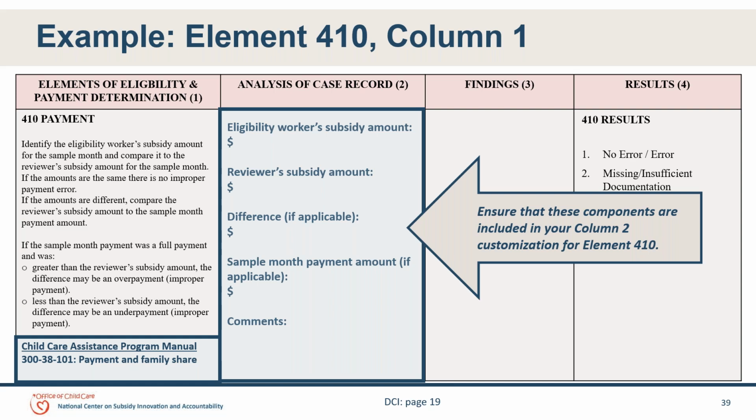And there should be a place to record the difference between those two amounts if there is one. And also a place to record the sample month payment amount if there's a difference between those two subsidy amounts. And you can see there's also a comment box here. Some lead agencies do add other things here, which is perfectly fine, but this is the minimum of what we would like to see.